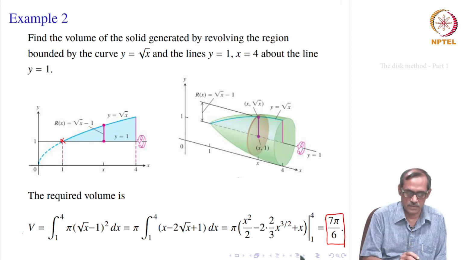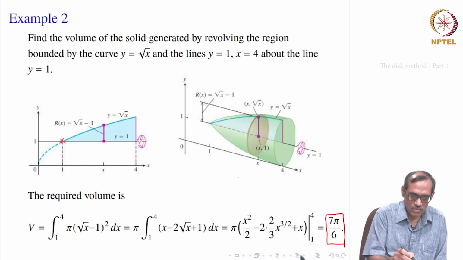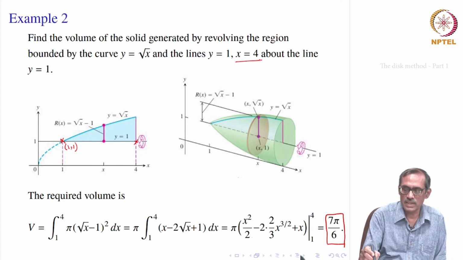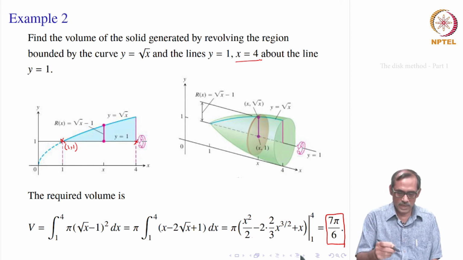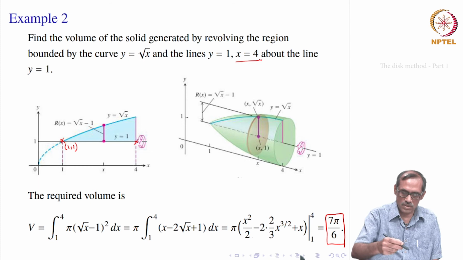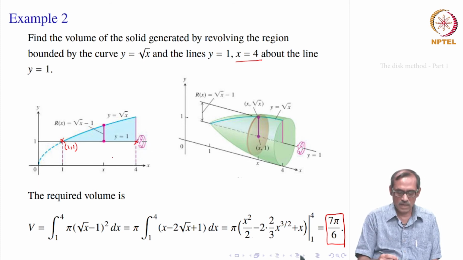So we have to find it out, and that turns out to be y equal to 1 crosses the curve y equal to root x at the point 1 comma 1, and we get the limit for x as 1, and the other side of course is x equal to 4, as given in the problem. That is how we get the limits. So we have to get the limits, get the radius of that cross sectional area, which is a disc, and then plug it in the formula.